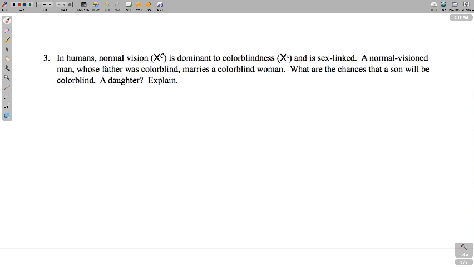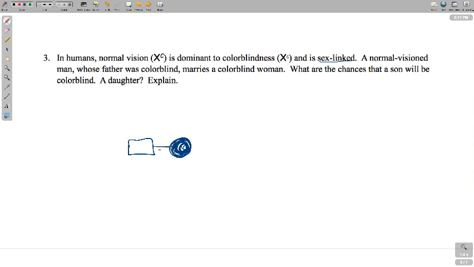In humans, normal vision is dominant to color blindness, and it's sex-linked. A normal vision man whose dad was colorblind marries a colorblind woman. What was he thinking? Okay, so let's do that. We can make a little pedigree here.